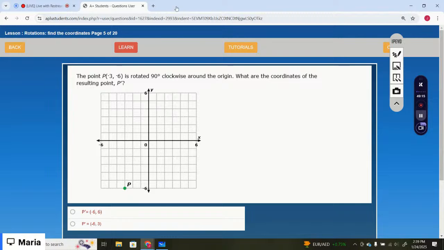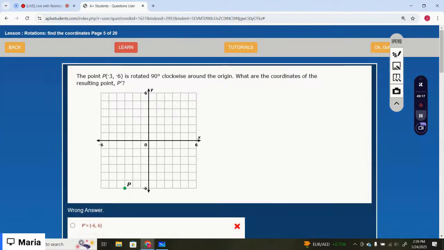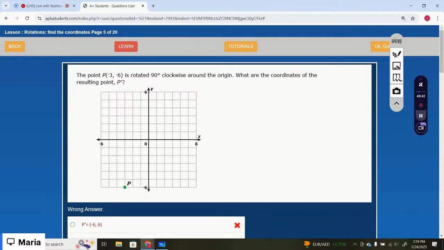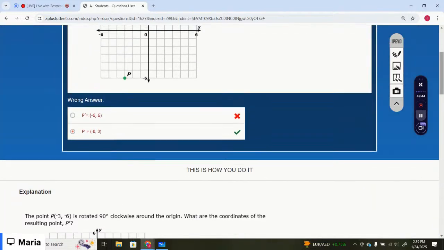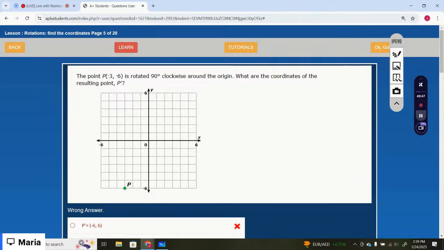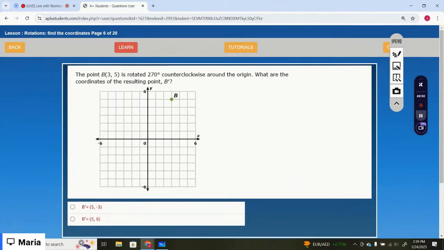That is -6 and 3. Option number 2 is the correct option.